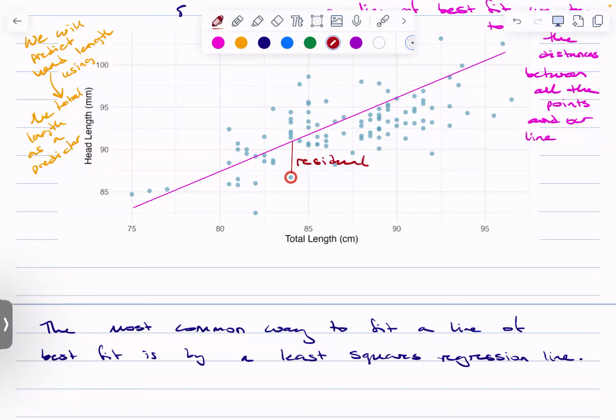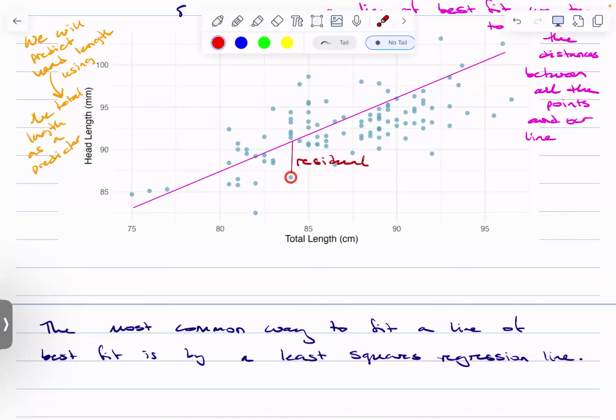Each point is going to generate a residual.